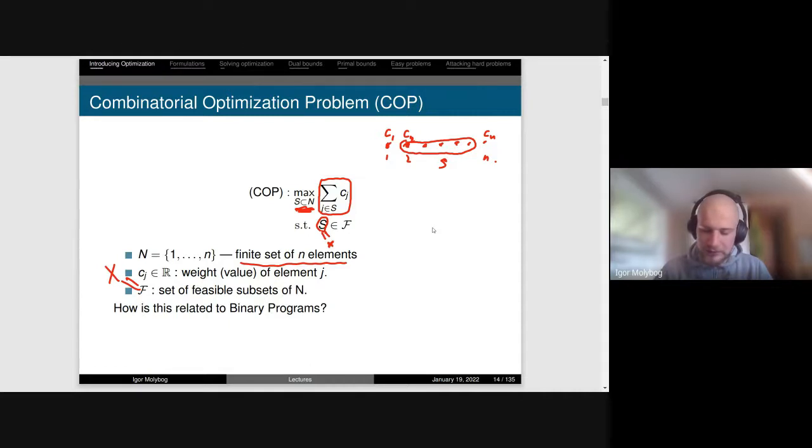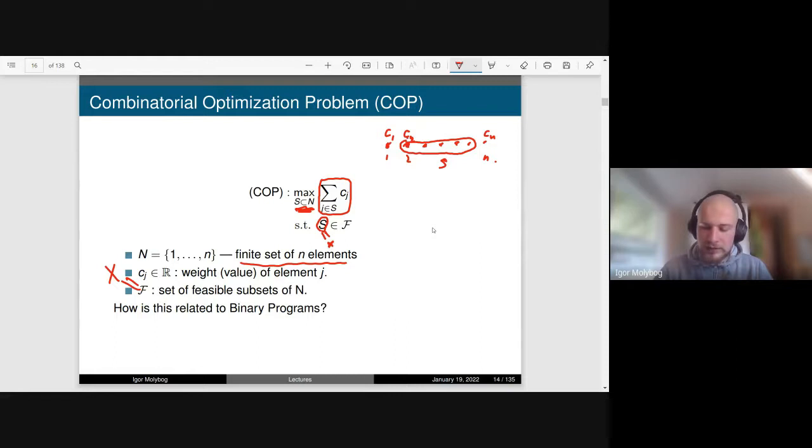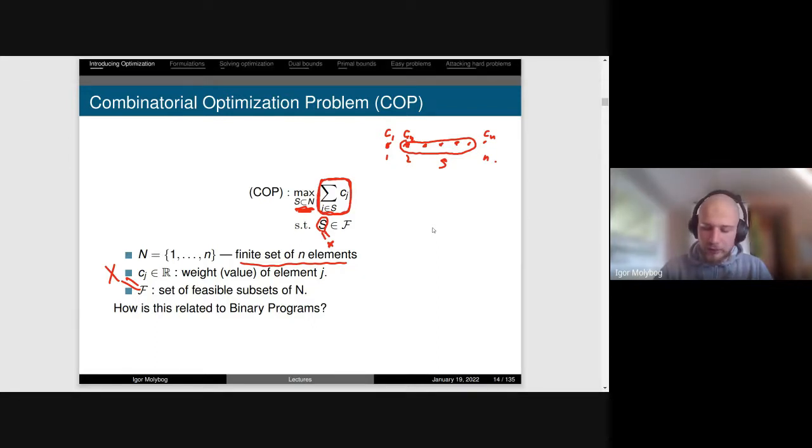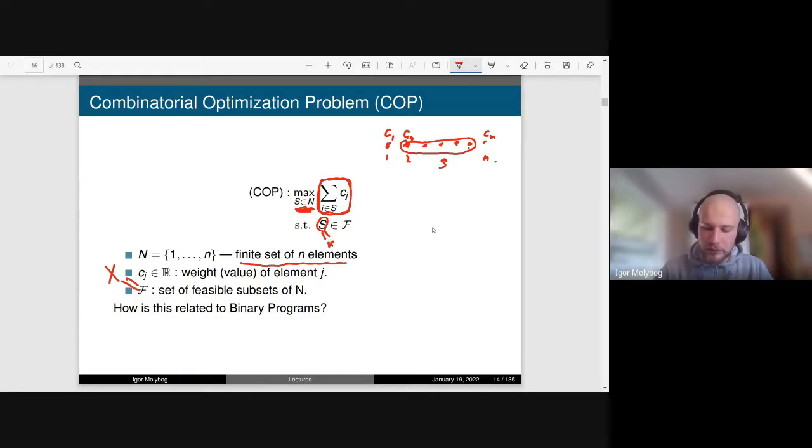Without loss of generality, you can just say that it's a summation, because our C's can be anything. So we are just summing up all of the C's that correspond to the elements that belong to the set S. The cj's in this case are called the weights or the values of the elements, and the set of feasible subsets of n is given to us in some form.